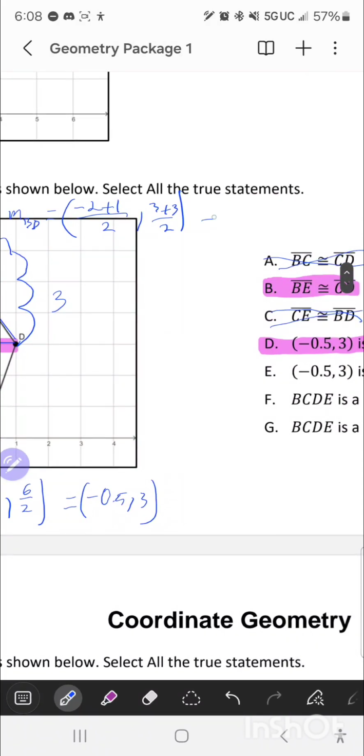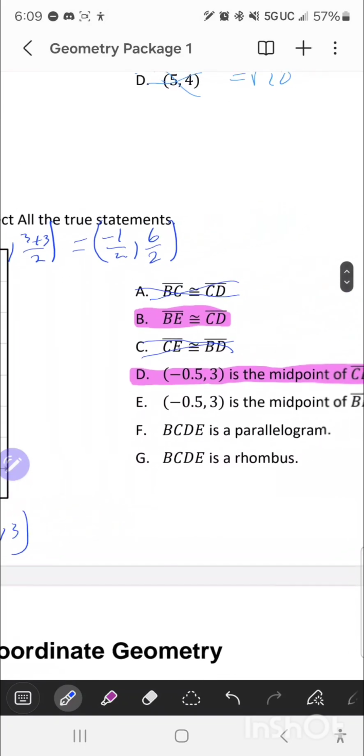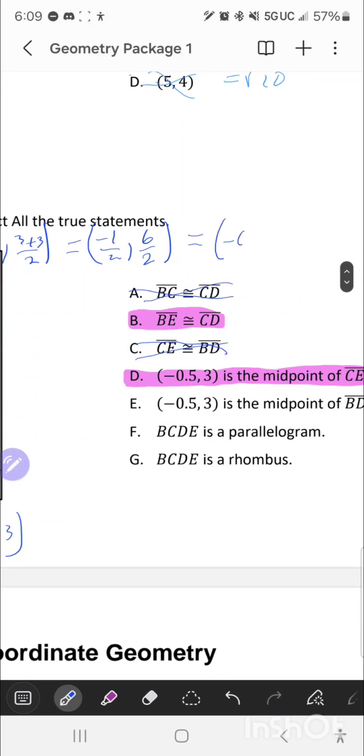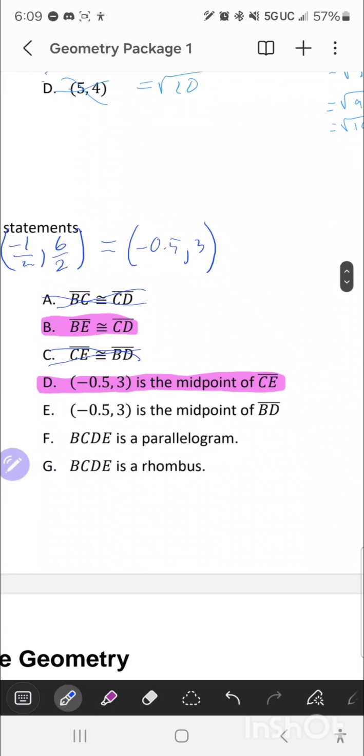This is going to be equal to negative 2 plus 1. They have different signs, so we subtract them and keep the sign of the bigger one. So 2 minus 1 is 1, but since the 2 has a negative sign, our answer is going to be negative 1 over 2. And then 3 plus 3 is just 6, over 2, and we get the same result, negative 0.5, comma 3. That's our midpoint. So yes, this statement is true.